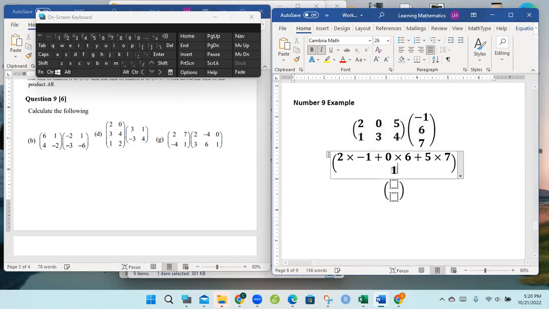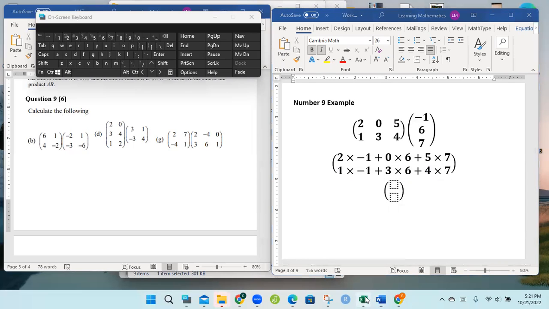So it's 1 times negative 1, plus, going across and coming down, 3 times 6, plus the 4 now times 7, just to get one number.